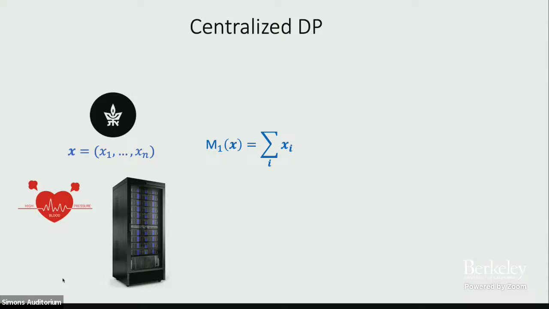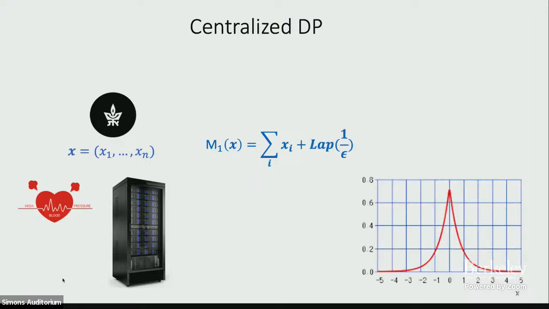Of course, if we publish this sum, then this is not a differentially private mechanism, because if we know the entire vector but one entry, we can reconstruct the remaining entry by knowing the sum. But it turns out that if we add a small noise from a specific distribution called Laplace, then this mechanism is differentially private.